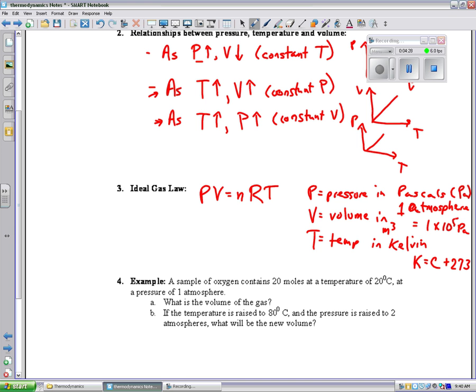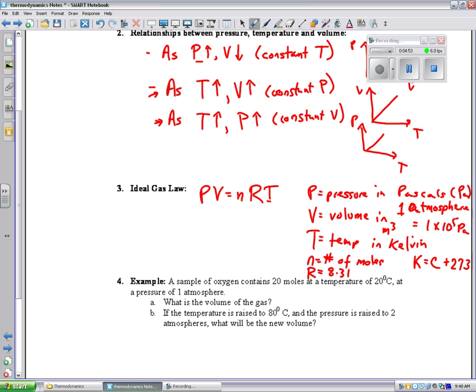And it has to be in Kelvin. Earlier when we were doing the delta T's, like Q equals mc delta T, it didn't matter if it was Kelvin or Celsius. But when you see a T by itself, like in this equation, not a delta T, it has to be in Kelvin. n is the number of moles. And R is a constant. It's 8.31.